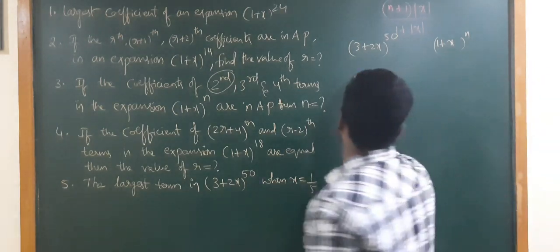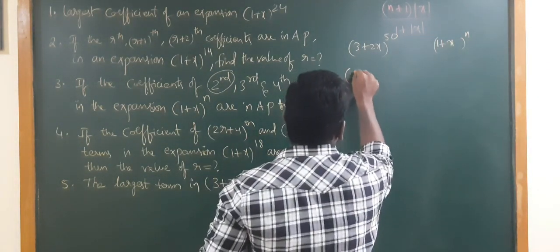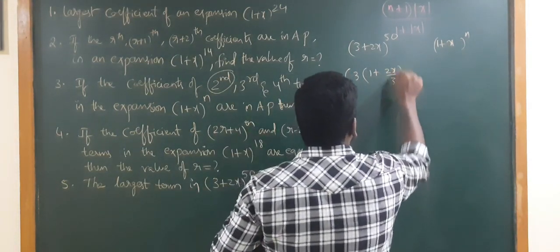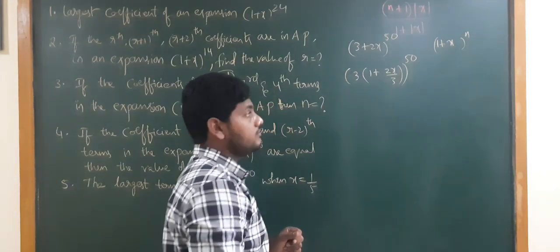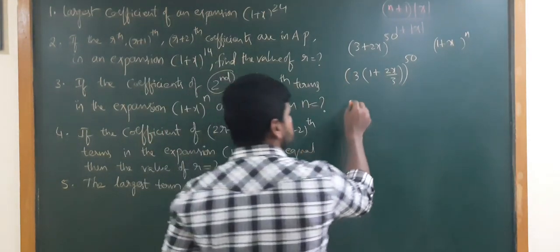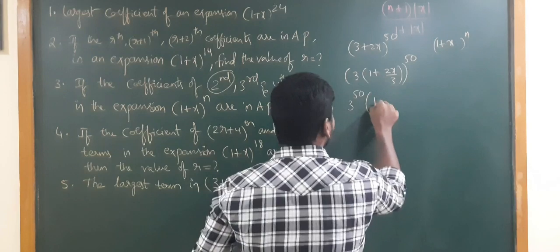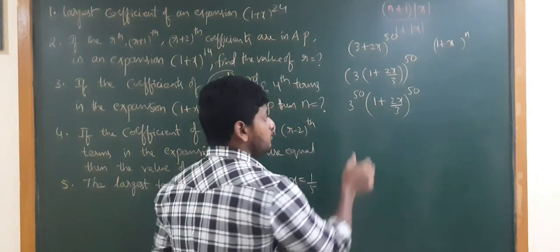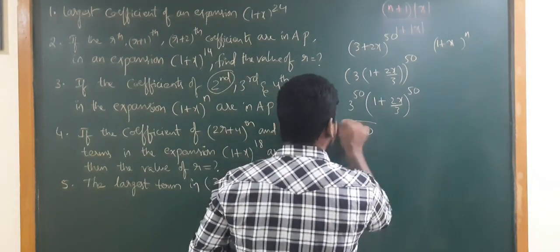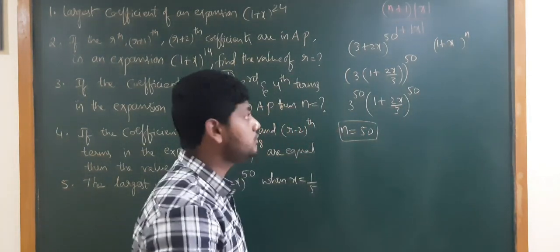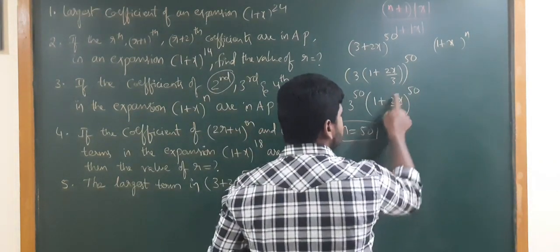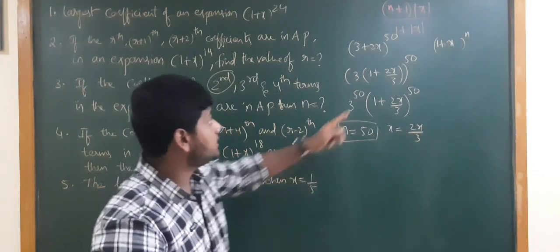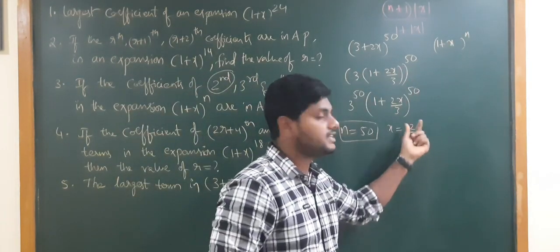Here if you take 3 common from this, what will you get? 3 to the power of 50 into (1 plus 2x by 3) whole to the power of 50. Now by using this, what is the n value? N value is equal to 50, and here in that formula, to substitute mod x you need to consider 2x by 3.